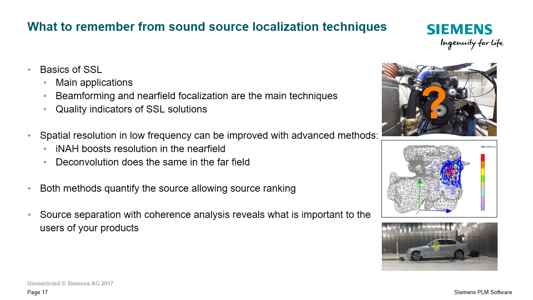One was called iNAH, irregular near-field acoustical holography, and the other one was called deconvolution, which does the same in the far field. And we learned that you can actually use both methods to quantify the source, allowing you to do, for example, source ranking analysis. And finally, we also saw a method where you can use a reference sensor to do a coherence analysis to reveal what is important to the users of your product.